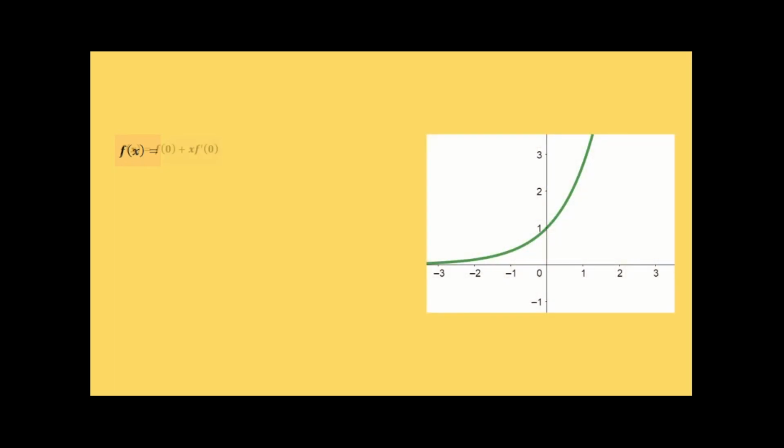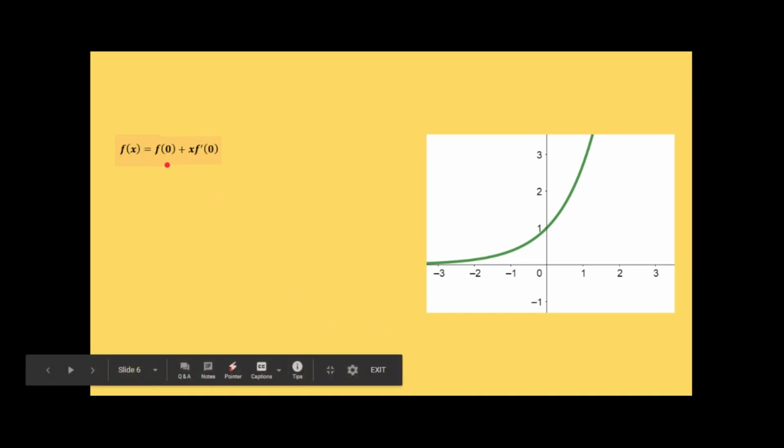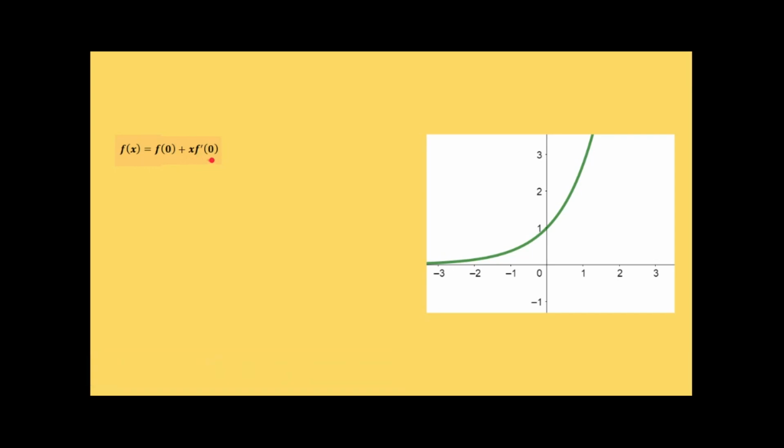So what we're doing is we're saying our function is approximately equal to, first of all, f of 0, so that is the y-intercept, plus the gradient when x is 0 times x. So that gives us the linear function y equals mx plus c. So it goes through the point on the y-axis and with the same gradient.